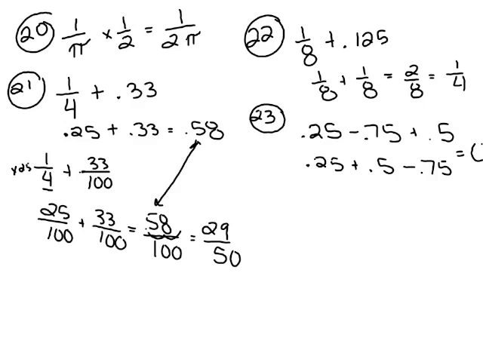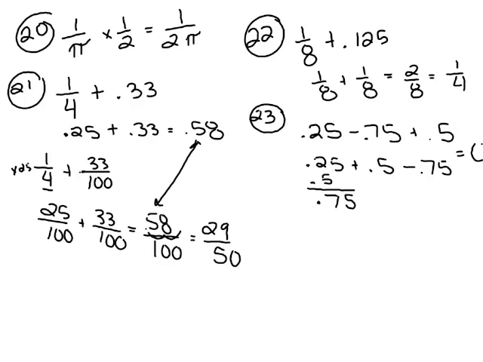Could you go 0.3 minus 0.7? No, because if I add these two together, how do I add? Remember, I have to line up my place values. So 5 plus nothing is 5. 2 plus 5 is 7. So it's not 3.0.